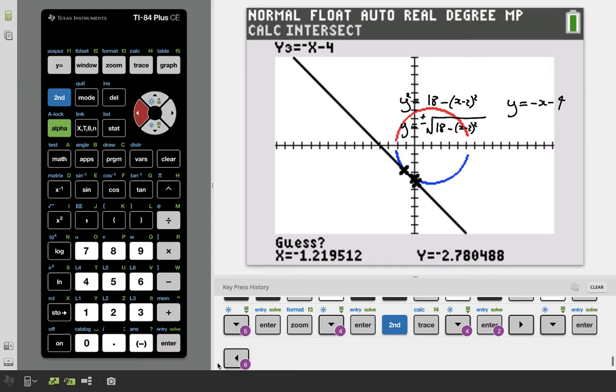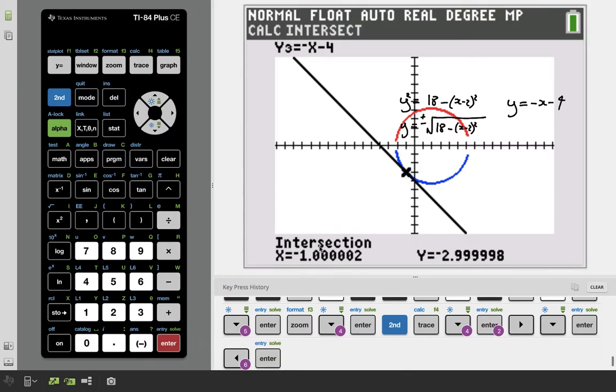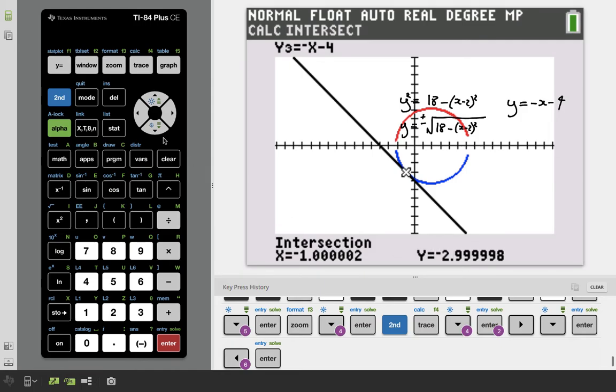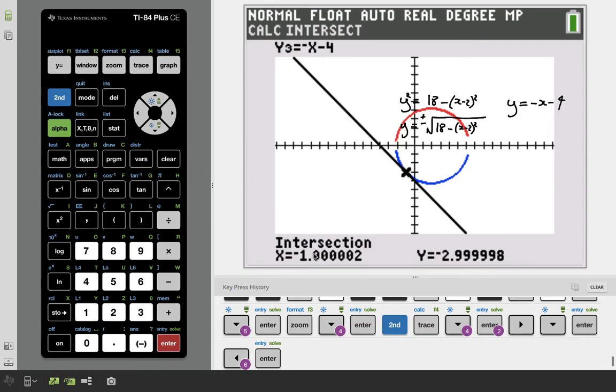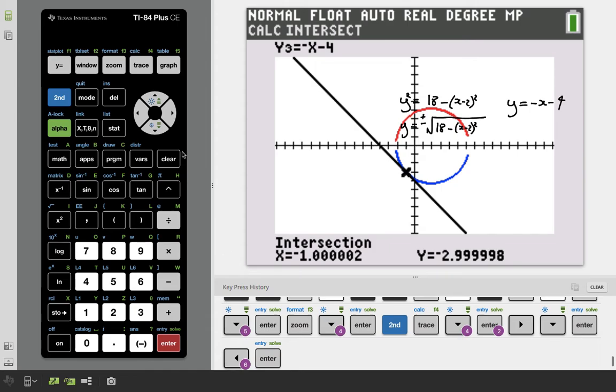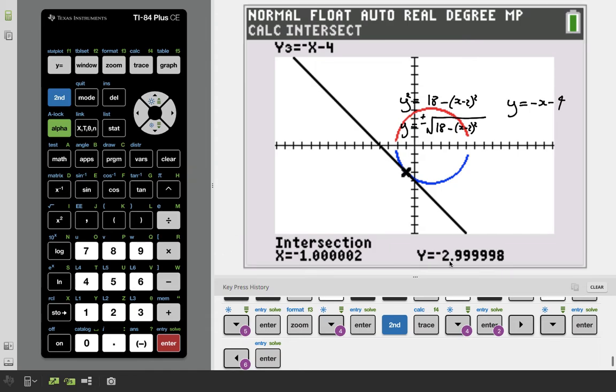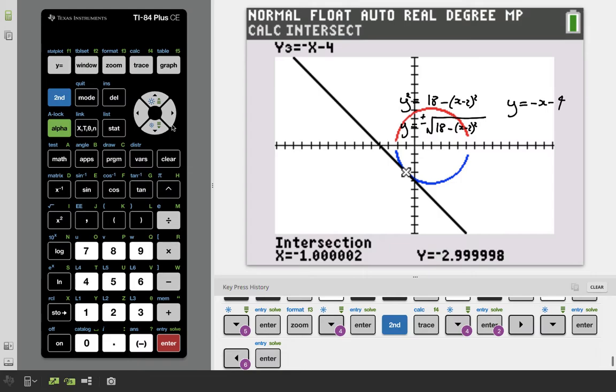I'm guessing up there, minus 1. Alright, found it. I was a bit worried it wouldn't count that as an intersection, but it did. So x is minus 1. There's the solution. y is minus 3. I wish it would give you whole numbers, but I'm sure you could figure out that that's supposed to be a minus 1 and that's supposed to be a minus 3 if you round it up.